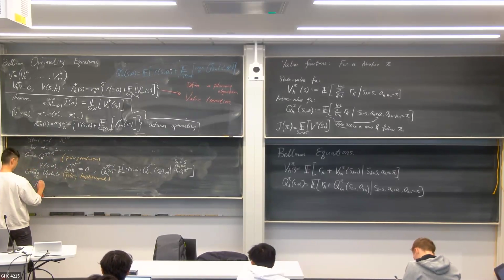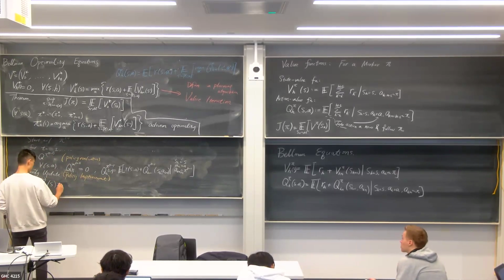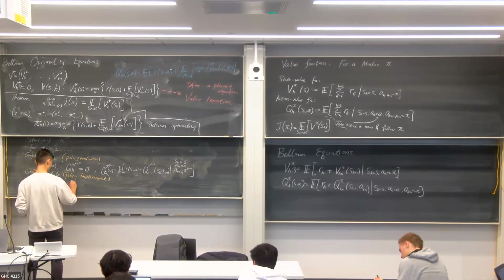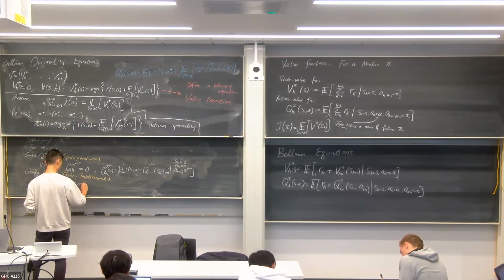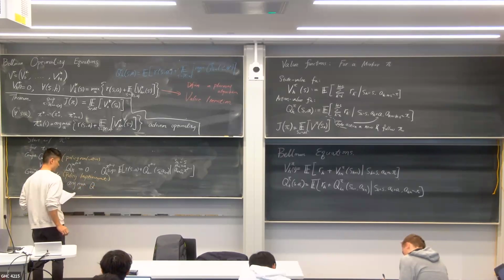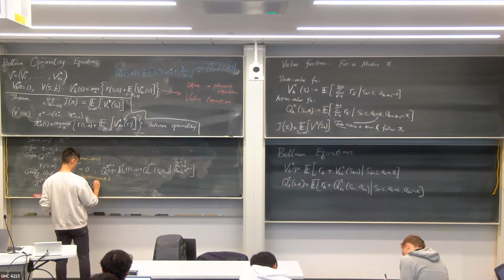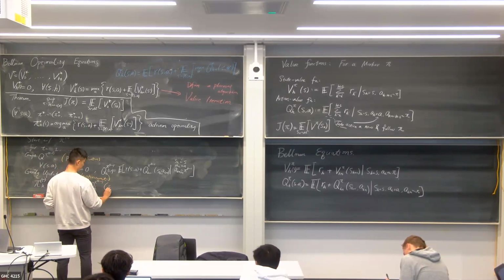So at this point I'm going to define a new policy that takes the best action, assuming I will just get some reward using the current policy.